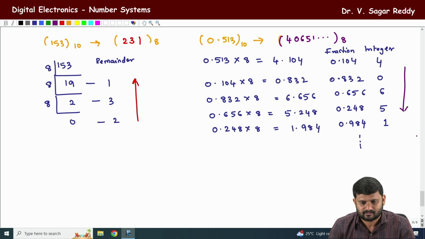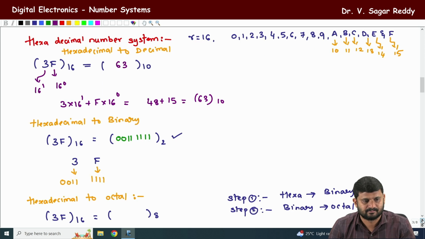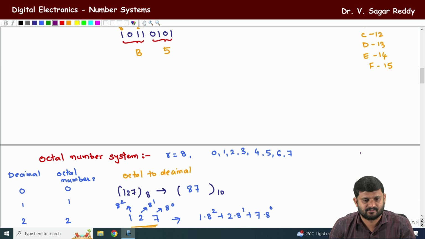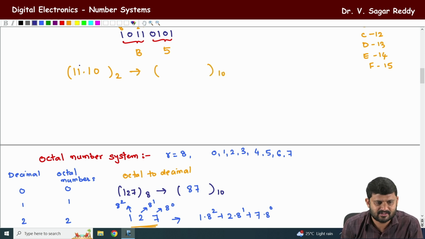For example, in the binary number system, I have a number like this: 111.1. If I ask for the corresponding decimal number, what is the weight associated with each digit? 2 power of 0, 2 power of 1, and after the point the weights are 2 power of minus 1, 2 power of minus 2.